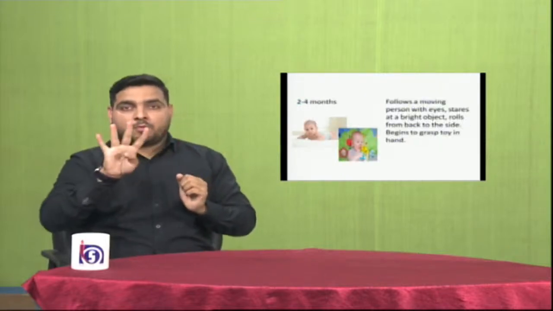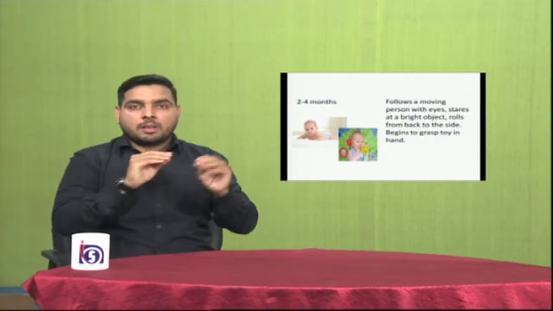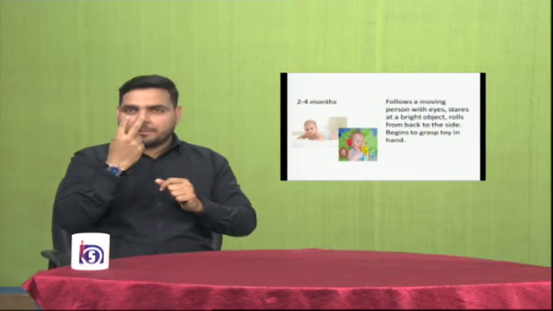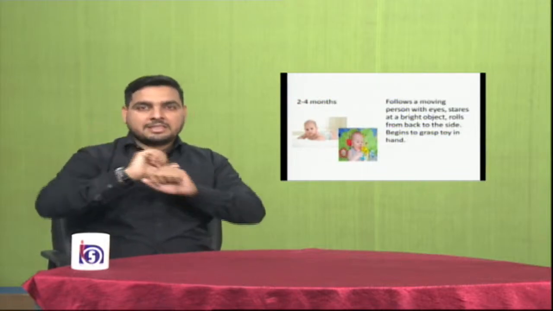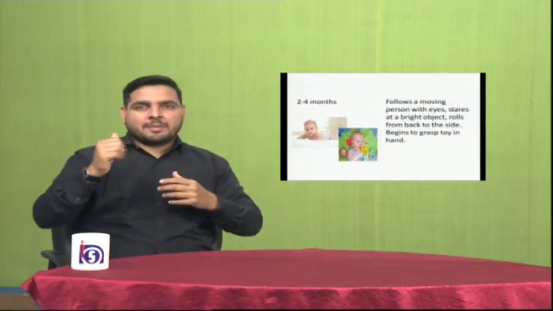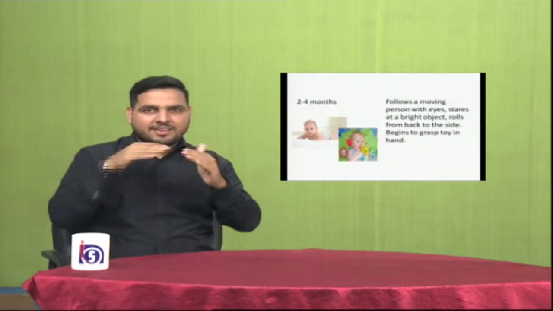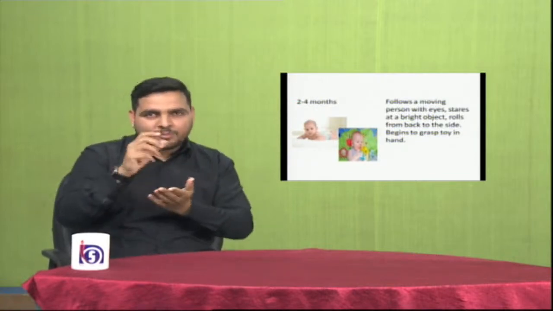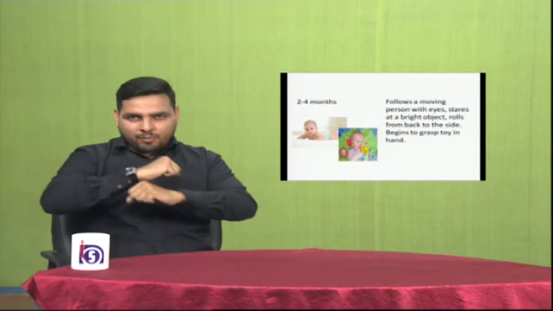Then comes 2 to 4 months, where the baby follows a moving person with eyes and stares at a bright object, rolls from back to side, and begins to grasp toys in hands.